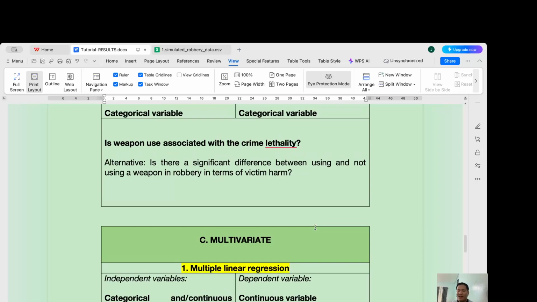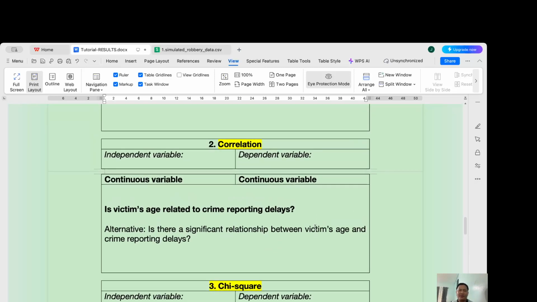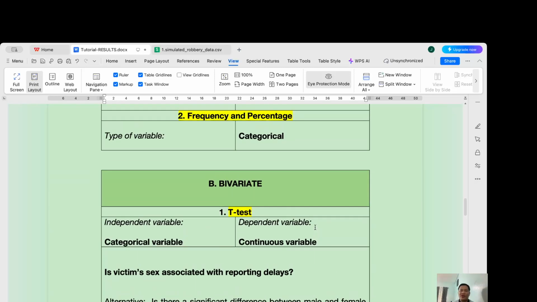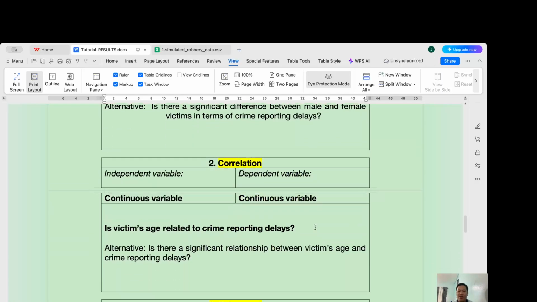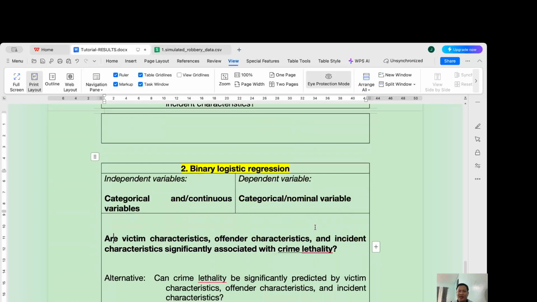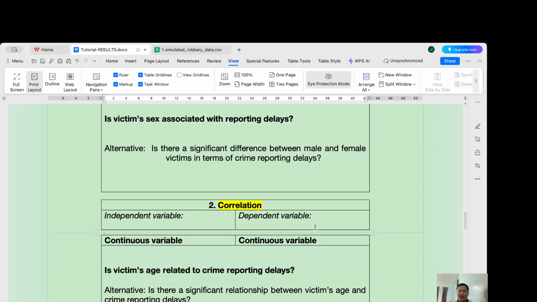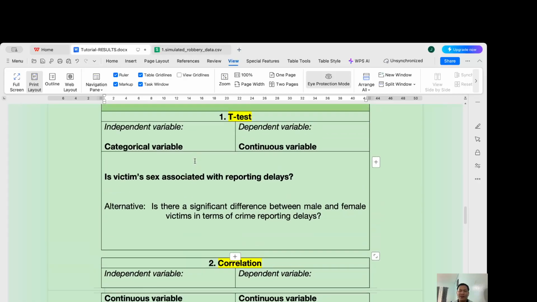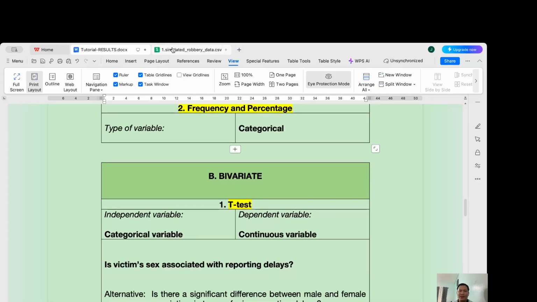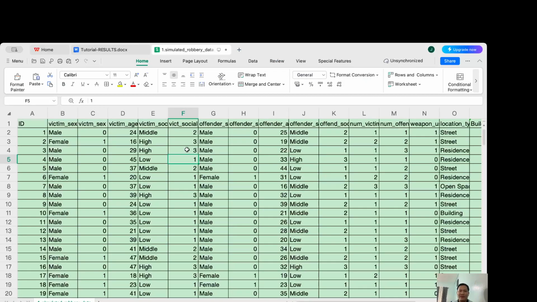So that's the analysis that we are going to do. We will start with univariate analysis, bivariate analysis, and multivariate analysis. Now let's go back to the data that we have. So here are the data that we have.